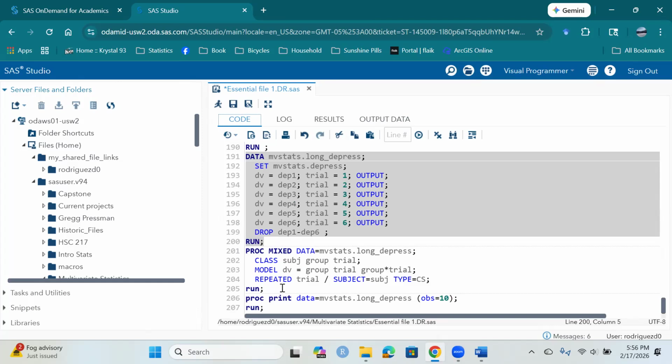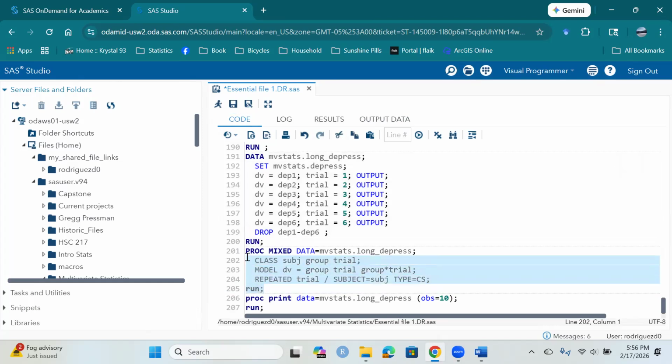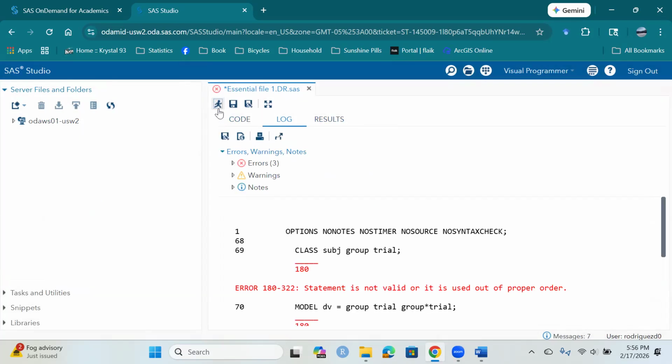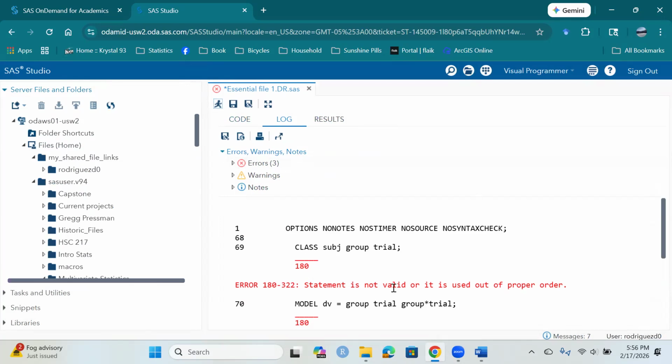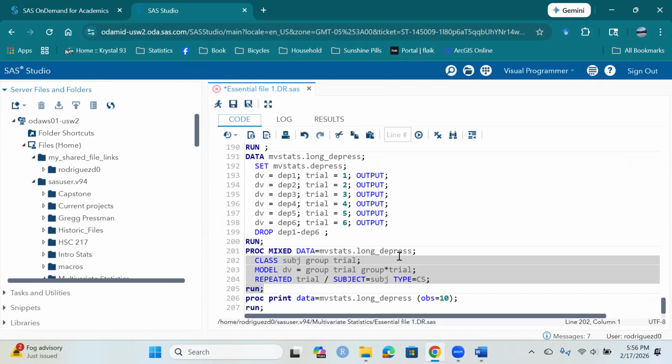All right, let's take a look at this. Yep, the class statement says the option is not valid or is used in the improper order. Let's see what was wrong here.